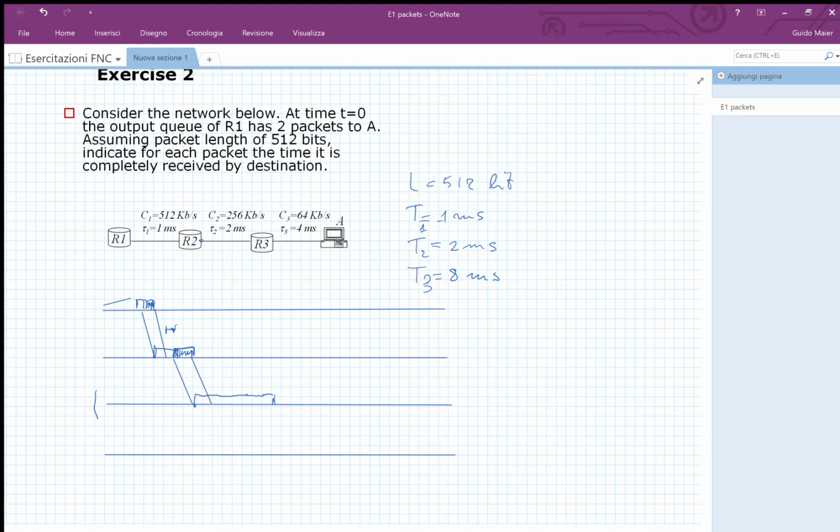When the output interface of R3 is free and is not busy anymore, R3 starts sending the second packet that was stored in the output buffer.